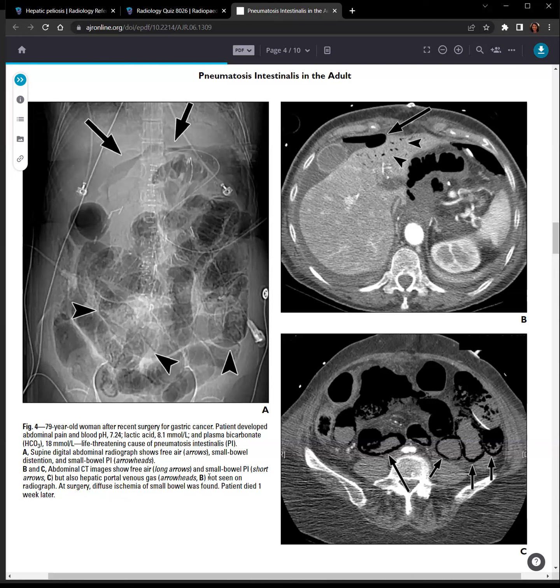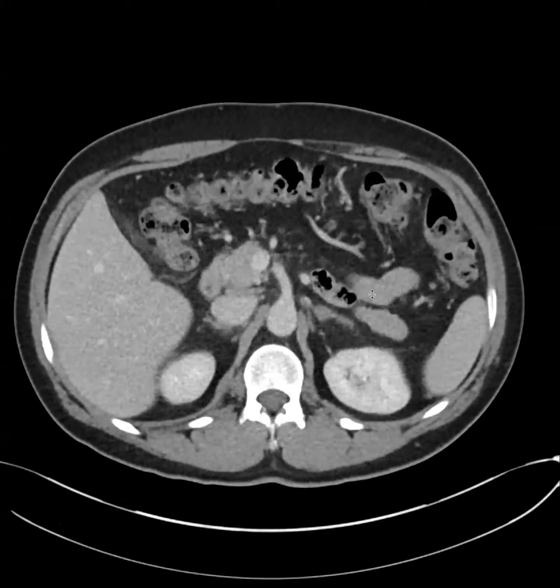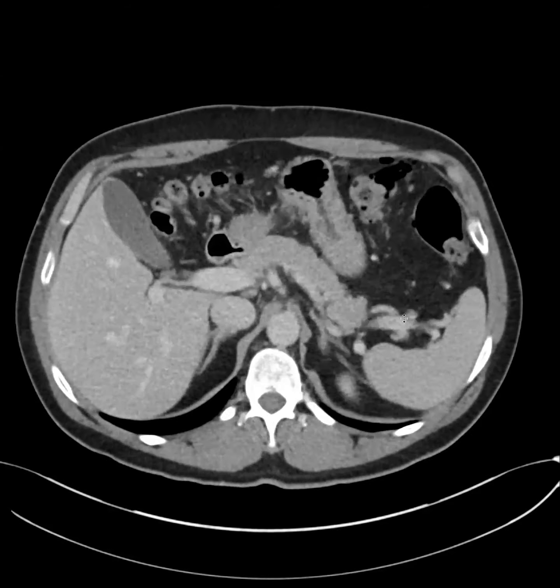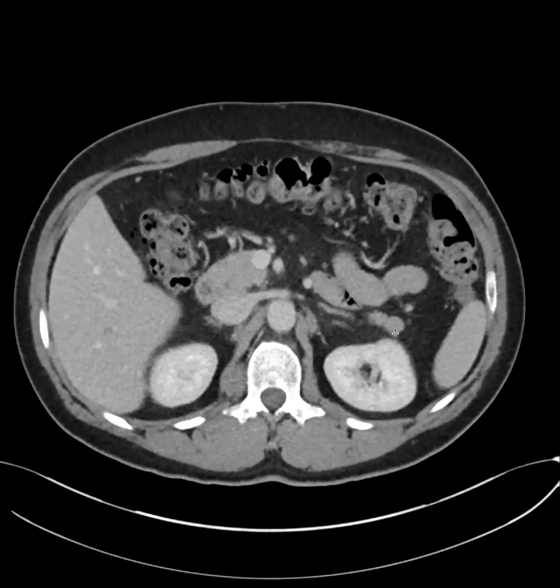And what he told me was if there is free fluid, if you start to see mesenteric edema, fluid, portovenous gas, then that suggests more non-benign causes like ischemia compared to our case where we don't see any of that, right? Everything's so clean, there's no mesenteric edema, there's no free fluid, there's no mesenteric gas, portovenous gas, anything like that.